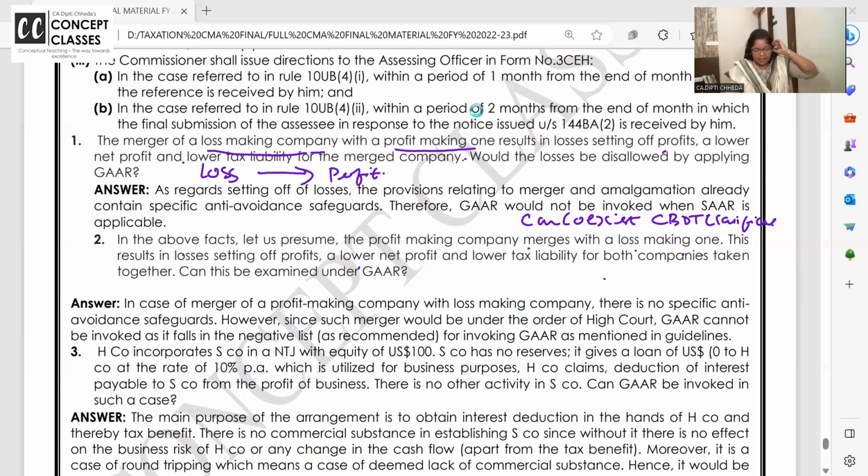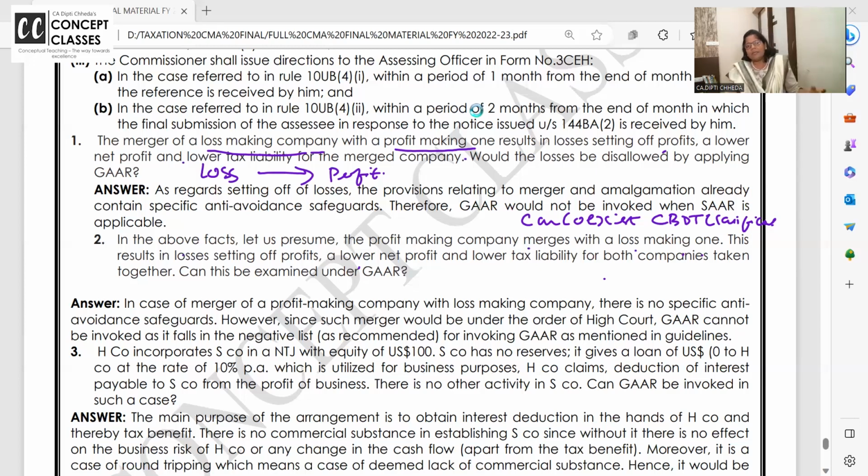So it is the same: if you are merging a loss-making company with a profit-making company to reduce the losses, provisions relating to merger are already given in the SAR.